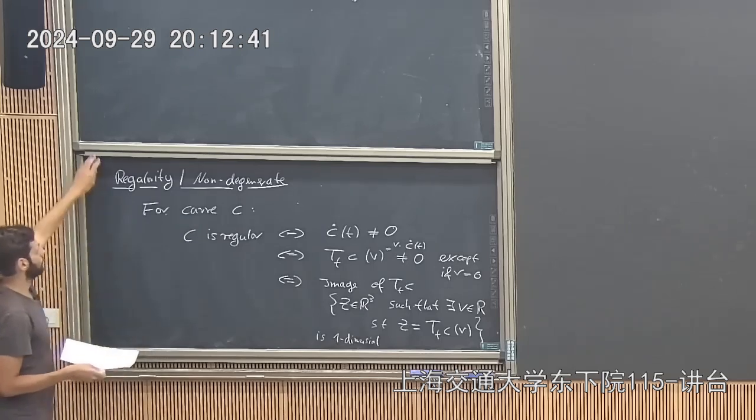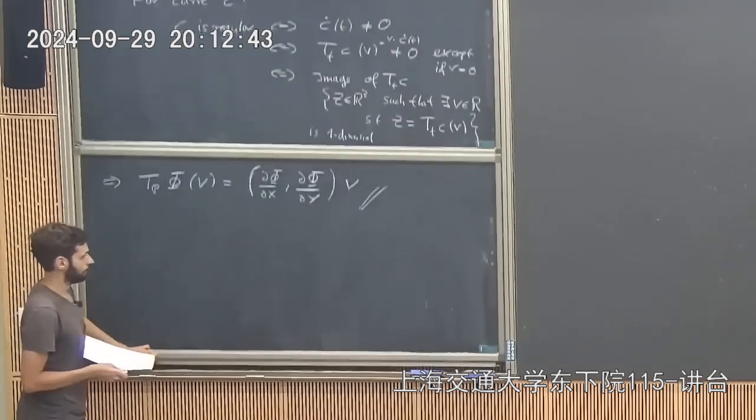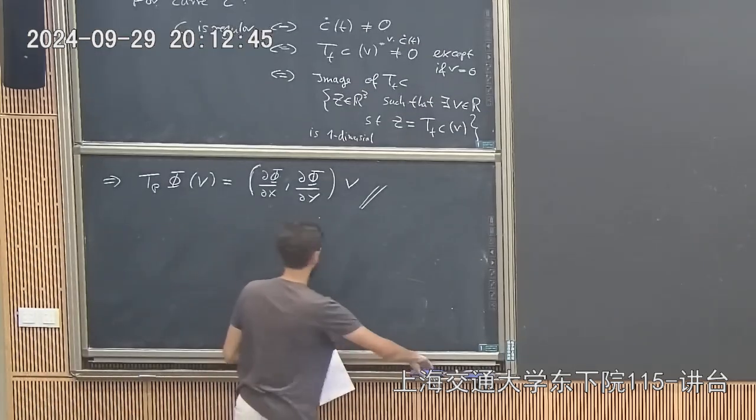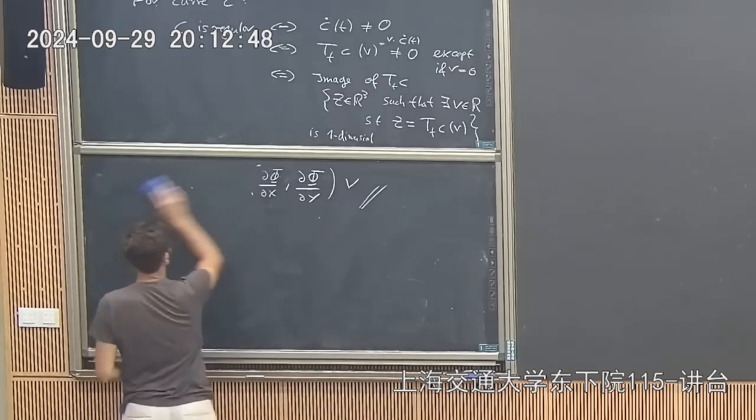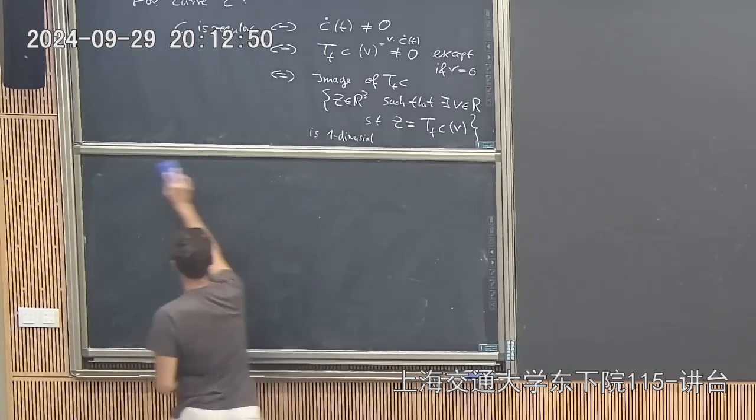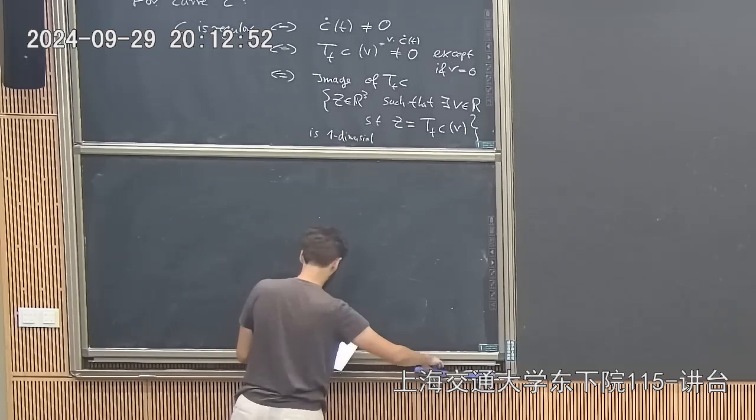And now we can use that as a definition, or the same idea of regularity, for our map phi.